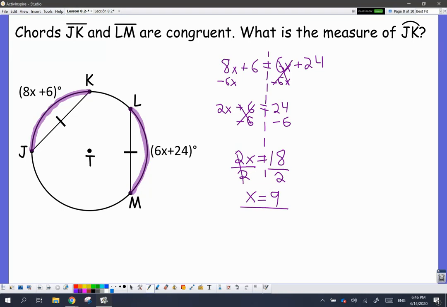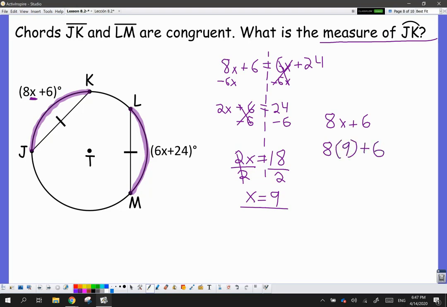Now this isn't the answer though, because they're asking us for the measure of arc JK. So we have one more step here. We need to take our x and plug it back into our expression for the measure of this arc. I'm going to write out my expression, 8x plus 6, and I need to substitute 9 for x, so I'm going to put it in parentheses.